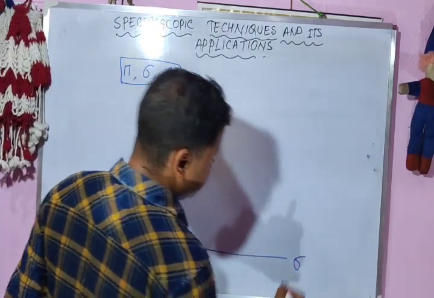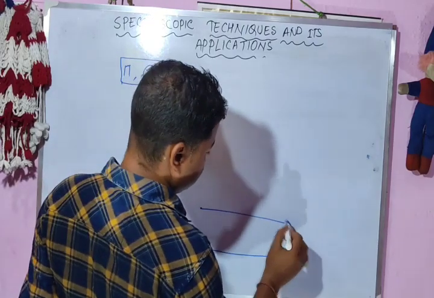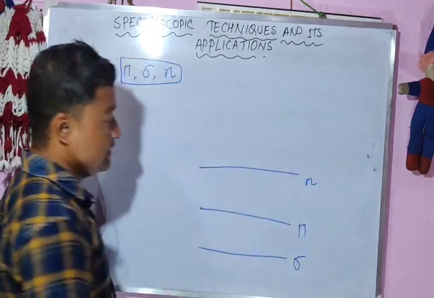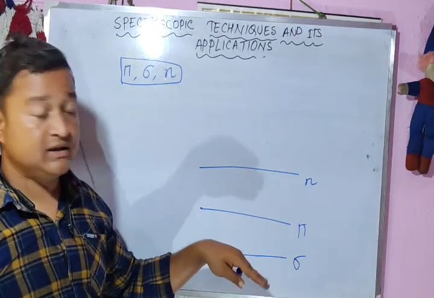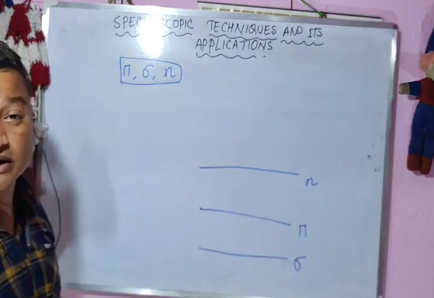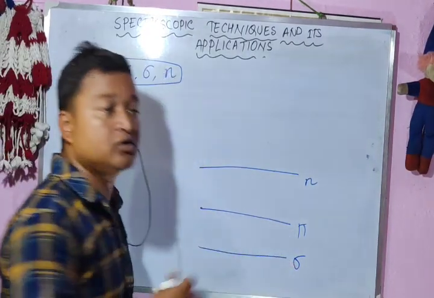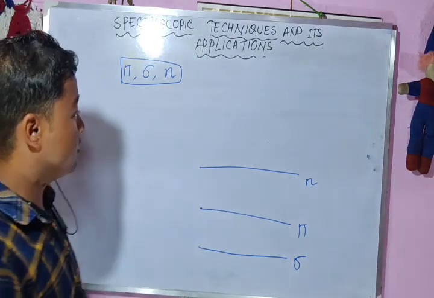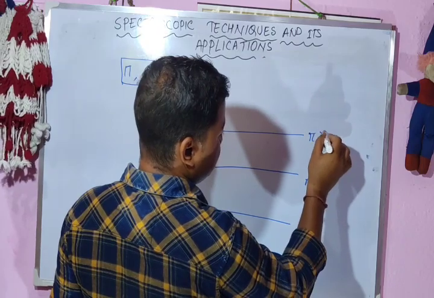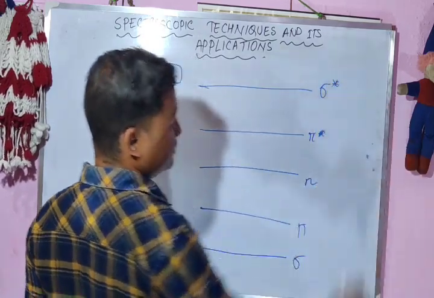Then the pi electrons, then the non-bonding electrons. These are the bonding orbitals, and there are also anti-bonding orbitals, that is, pi star and sigma star.